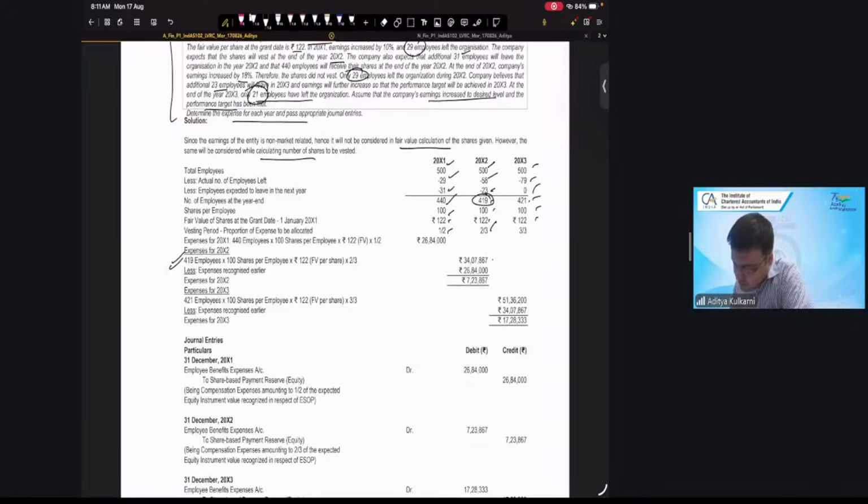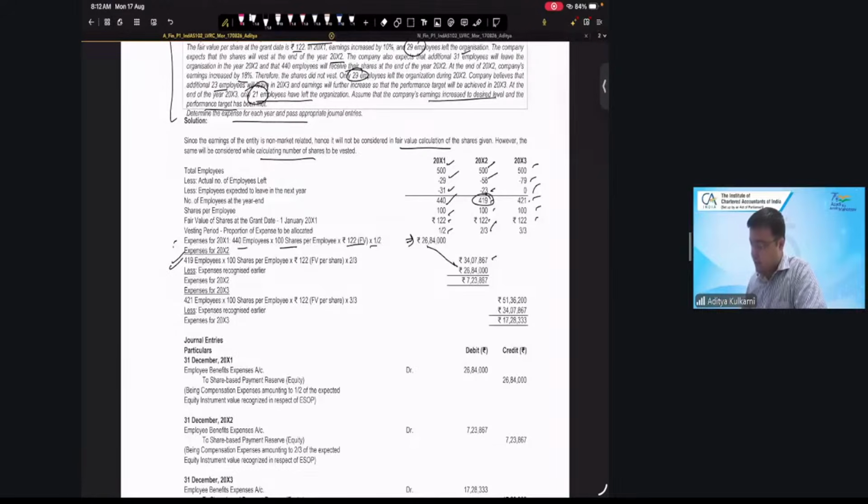So that gives you 34 lakh 7,867. First year 440 into 100 into 122 into 1 by 2. So 26 lakh 84,000 out of that is first year.